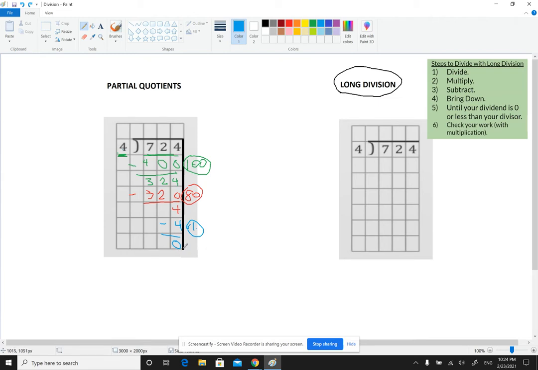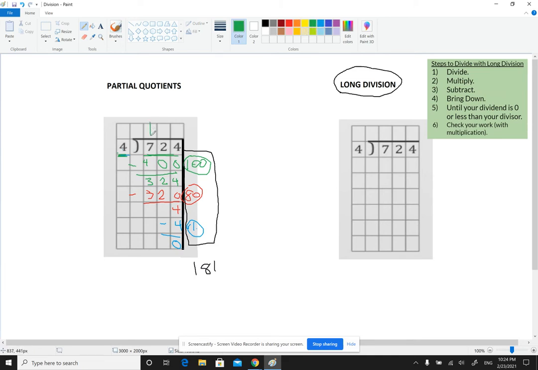So when my dividend is now 0, or if it's less than my divisor, that means I am done because I don't have enough to make another group of 4. So it seems like I can add these partial quotients. I can add them up, 100 plus 80 plus 1, 181, and that is going to be my final answer.